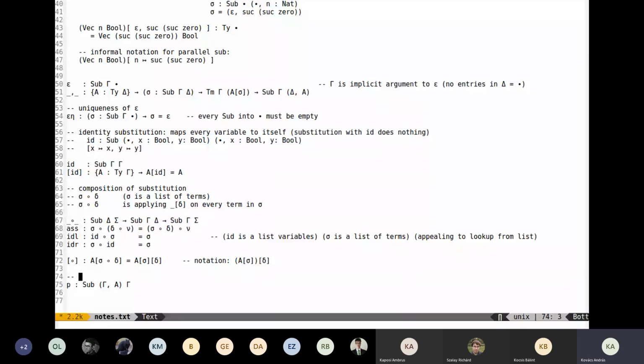And I'm not sure what's the story behind the naming of this, but I think it wants to be a first projection substitution. And the way P works informally is that we have a list for every entry in gamma.